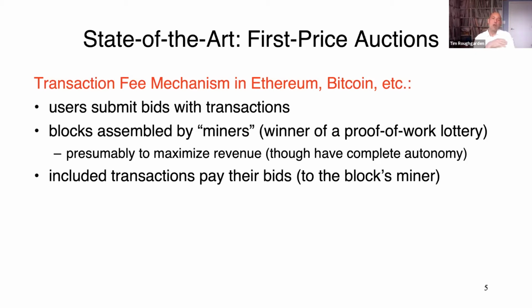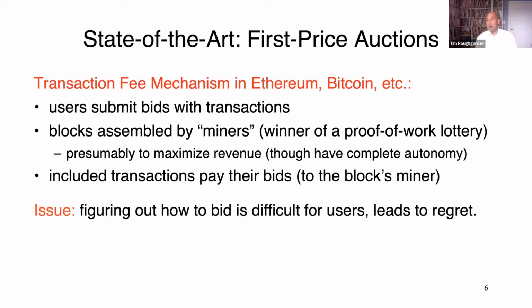You've heard about proof of work, the system used today in Bitcoin and Ethereum to choose who gets to publish the next block. Importantly, a miner, a block producer, can assemble the block however they want. They have dictatorial control. Subject to the block size, they can pack it with whatever transactions they see fit, totally up to them.